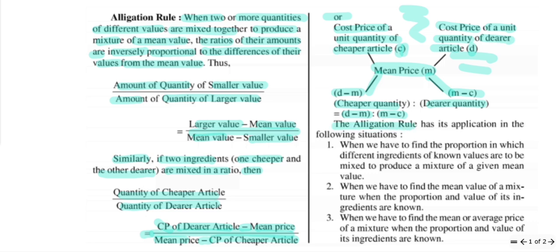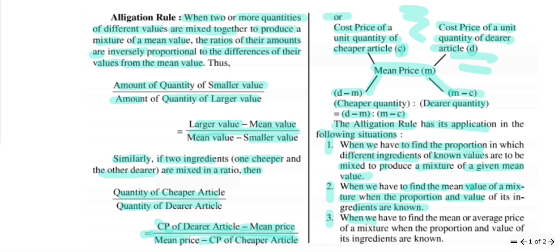The alligation rule has its application in the following situations. First, when we have to find the proportion in which different ingredients of known values are to be mixed to produce a mixture of a given mean value. Second, when we have to find the mean value of a mixture when the proportion and value of its ingredients are known.